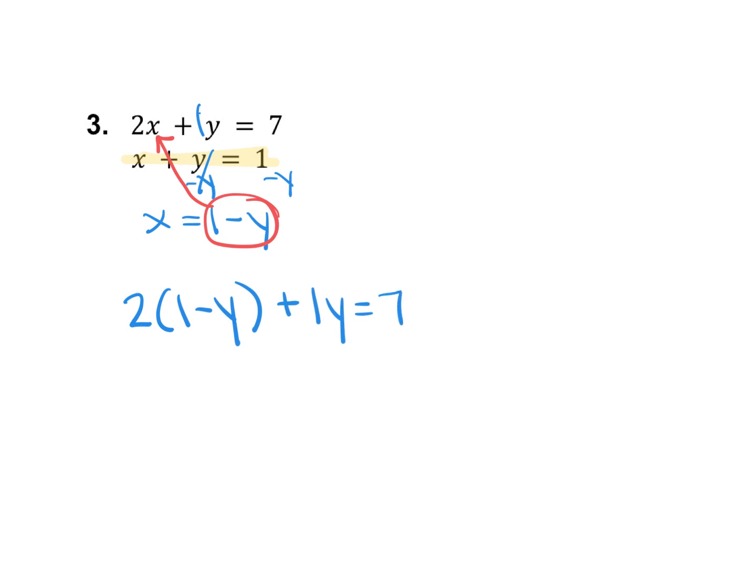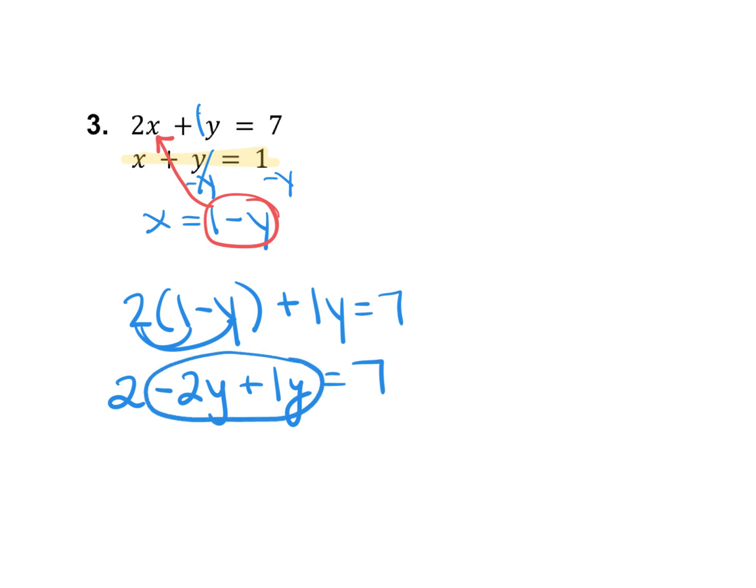All right, so now let's continue to solve. 2 minus 2y plus 1y is equal to 7. Now we can combine like terms. 2 minus, so negative 2 plus 1 is minus 1y is equal to 7.